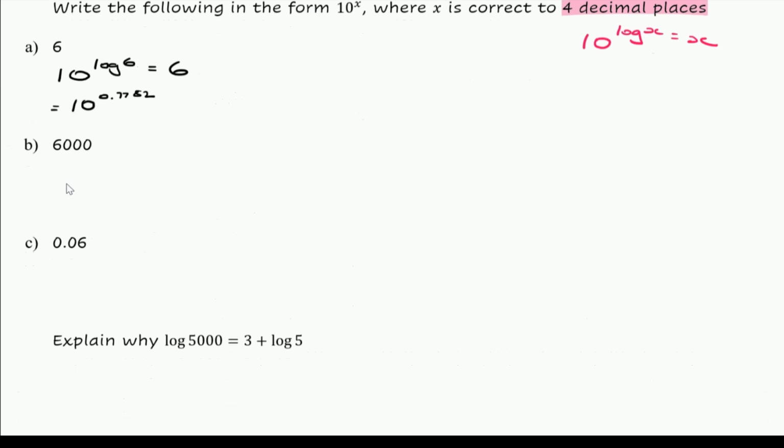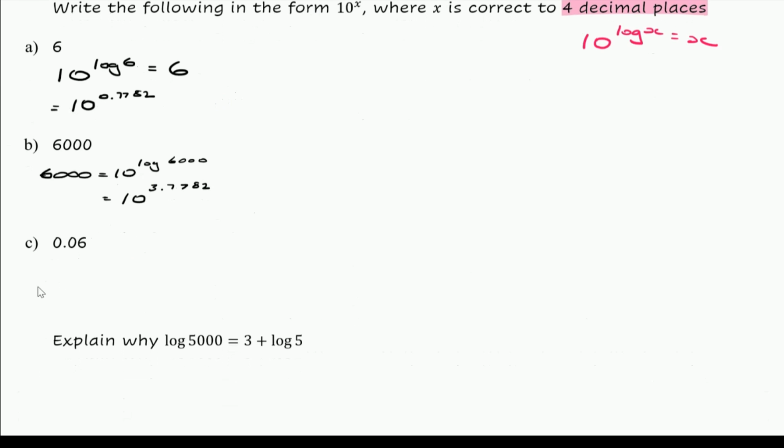We're going to do the same thing for these other ones. So in this case here, I know that this is going to have to be equal to 10 to the power of log 6,000. And this, using my calculator, is going to be 10 to the power of 3.7782.